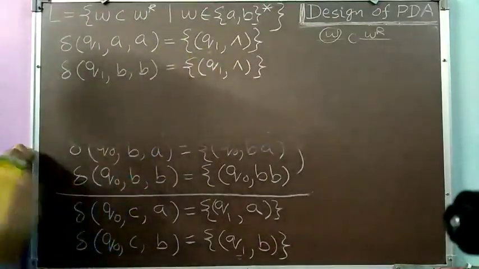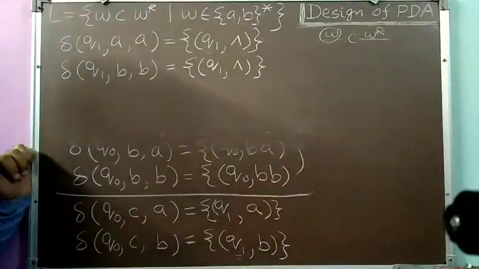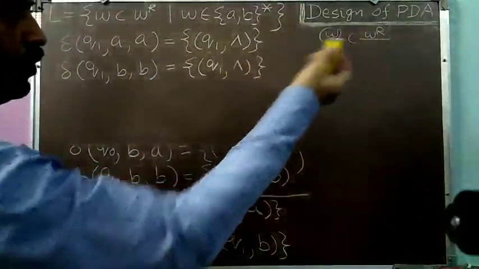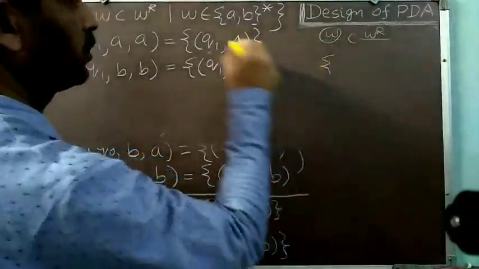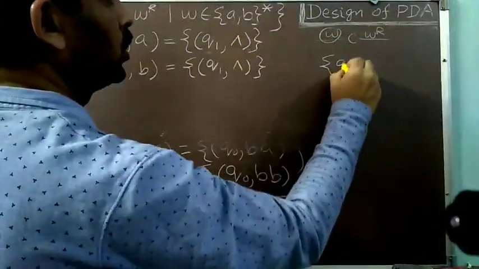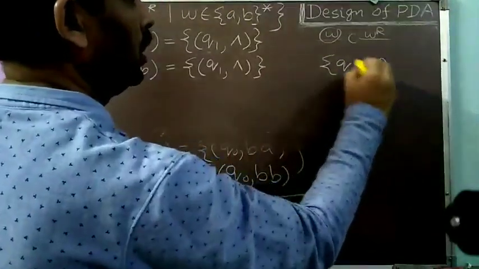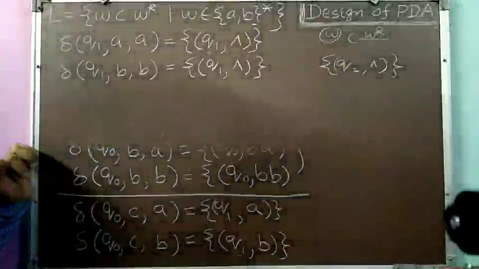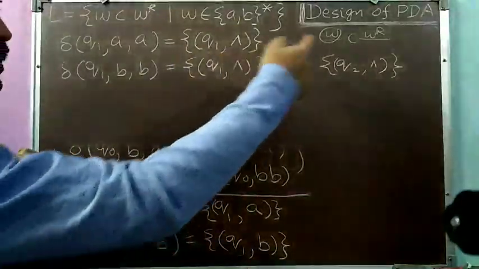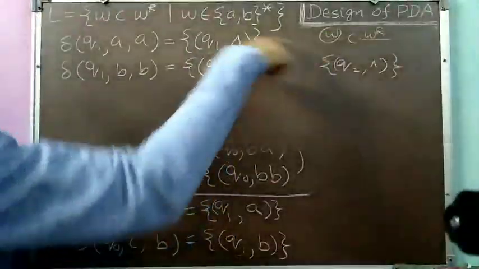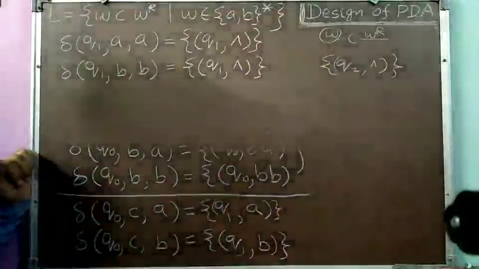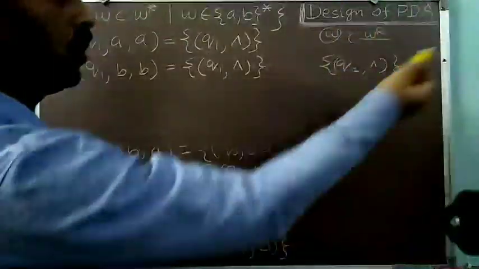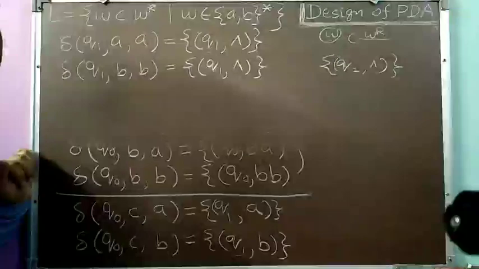It was possible, as per the guideline, that we should change the state. So what I would have written here, suppose in this situation, is Q2 null. Then I will be in the Q2 state, meaning the first symbol of this WR I will be matching in the state Q1, and then I will move to the state Q2. Then all other symbols I will be matching in the state Q2.